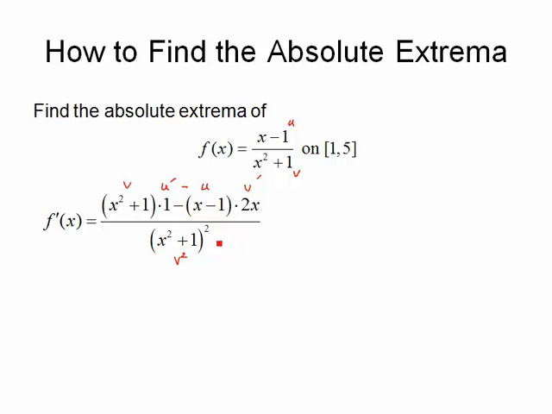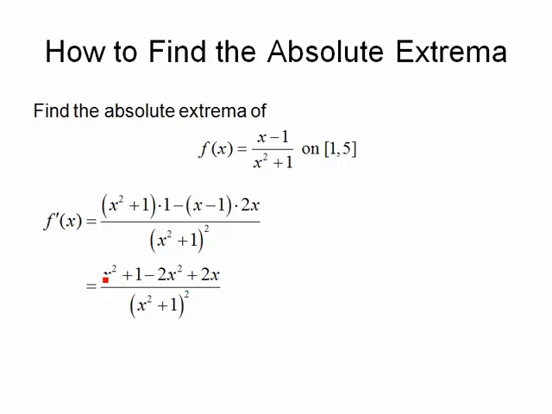Since I need to find the critical numbers for this problem, and that's going to be where this top is equal to 0, I'm going to try and simplify that top a bit by multiplying the 2x into each one of these terms and then combining it with the other. Remember, I'm also going to have to distribute that negative.